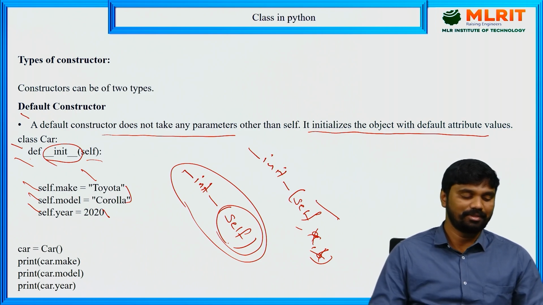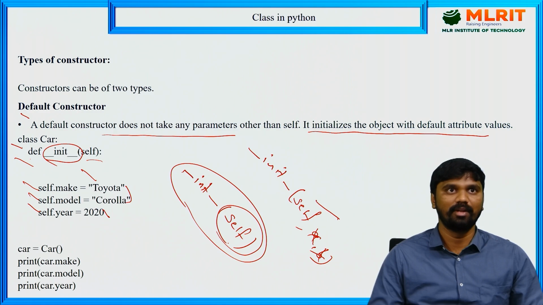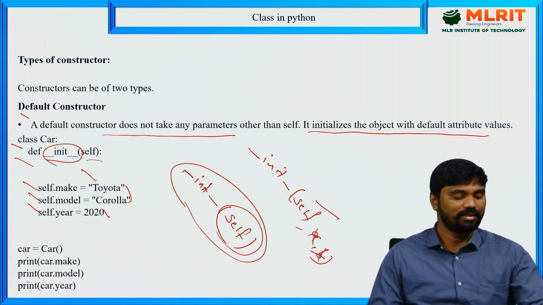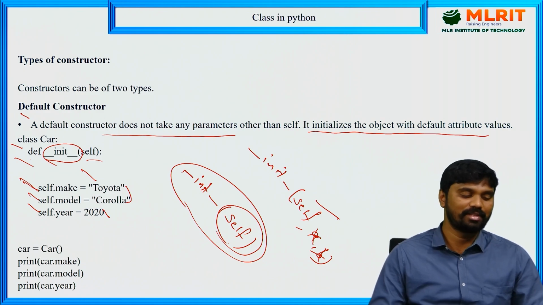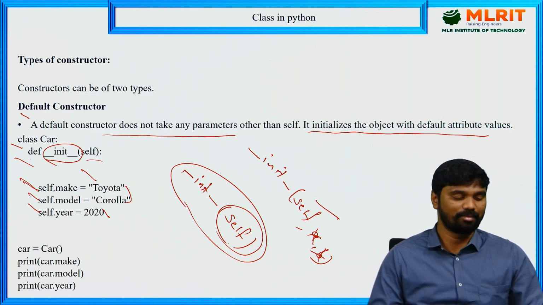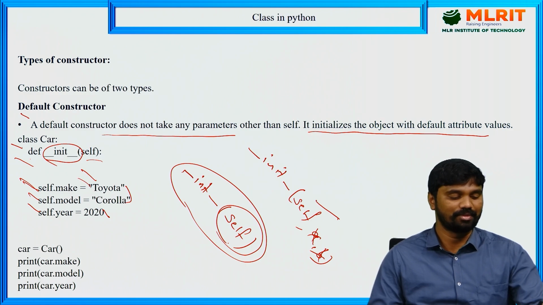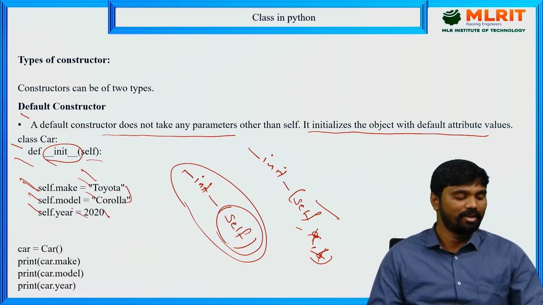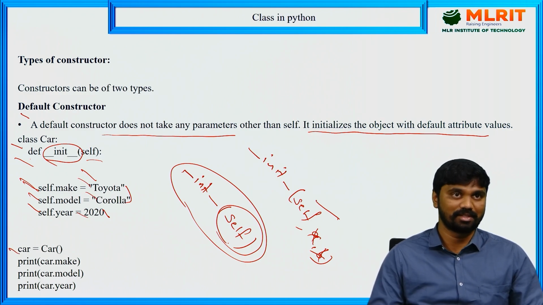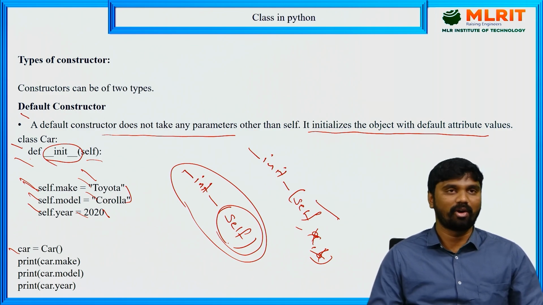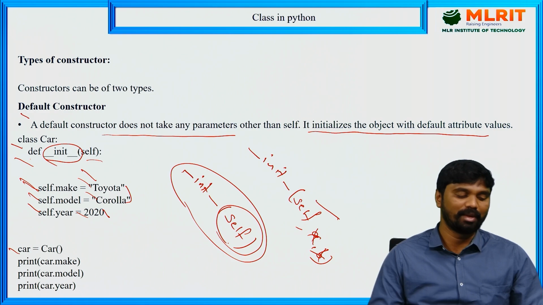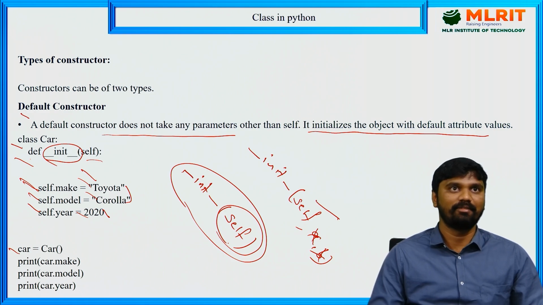By using self, we can declare the instance variables: make, model, year. All these three variables are instance variables and we assign values to them. After that, this is the object creation statement, and by using that object we call the attributes make, model, year. So this is the default constructor.